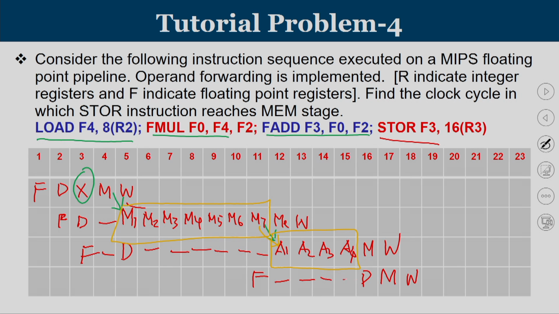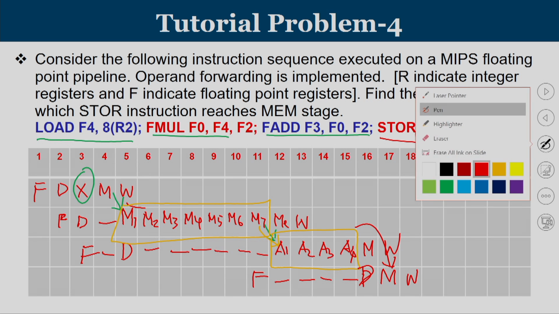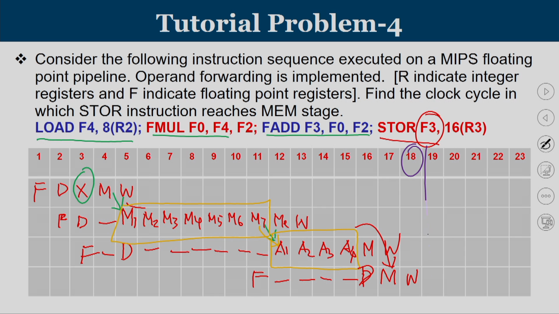You fetch, and then you have a decode, because the store operation cannot proceed as it is dependent on F3. Until the add operation is over, store cannot proceed, and with operand forwarding you can forward the value. So essentially at the end of the 18th clock cycle, this floating point operation is getting over. This is the dependency between them.